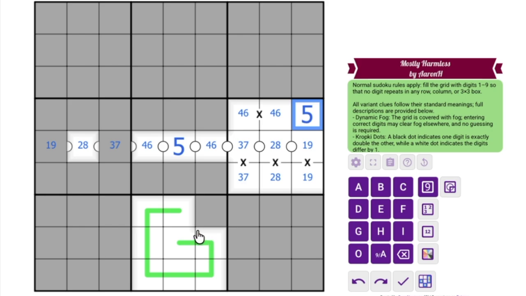So that opens up a further part of the grid. Here we have a German whisper. German whisper along a green line, adjacent digits will differ by at least 5. Because there has to be a difference of 5, the digit 5 can't go on the line because there's no Sudoku digit that's sufficiently different to it, either higher or lower.